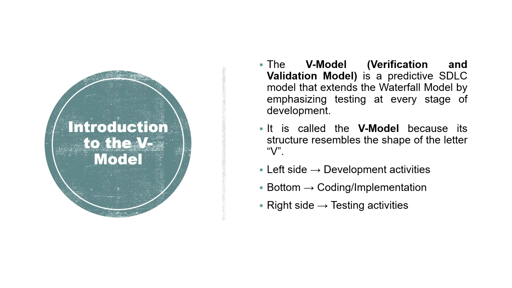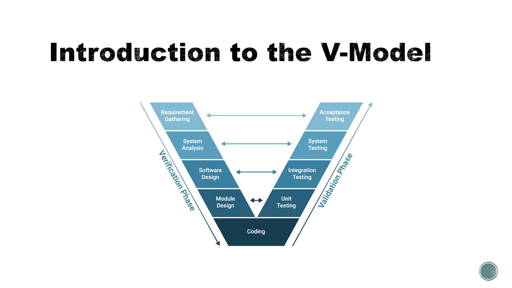The left side of the V represents development activities, which you will learn shortly. These are requirement analysis, design, architecture, for example. At the bottom is coding, and at the right side we have the testing activities. Here we go. This is the V model.